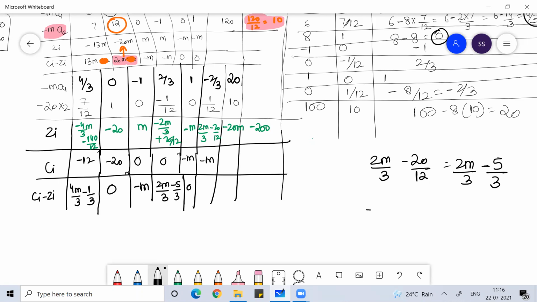So this is minus 2m by 3 plus 20 by 12 minus m. So this is minus 5m by 3 plus 5 by 3.